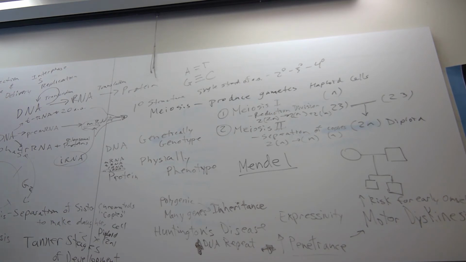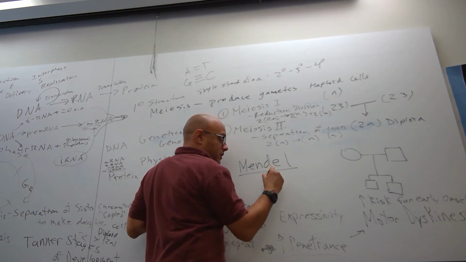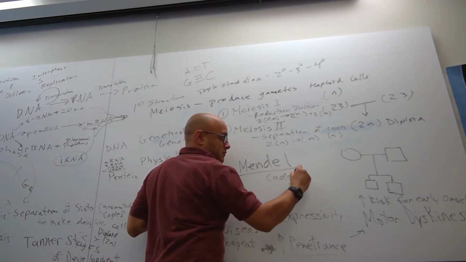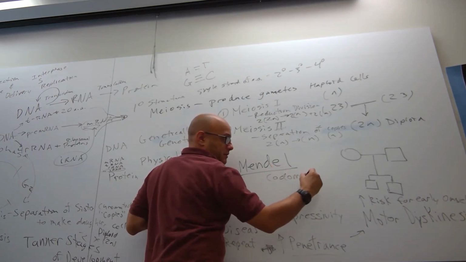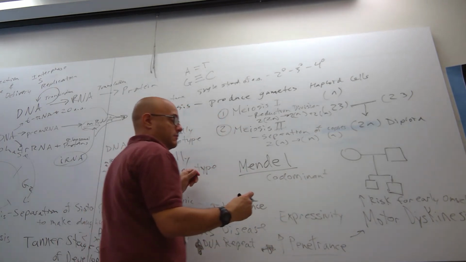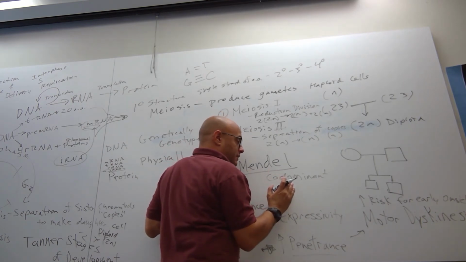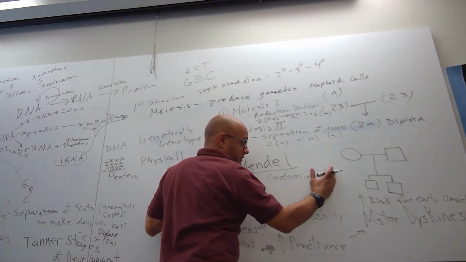Now, what Mendel discovered was, one, that there were codominant traits, and he didn't quite know how to explain that or what to call it.